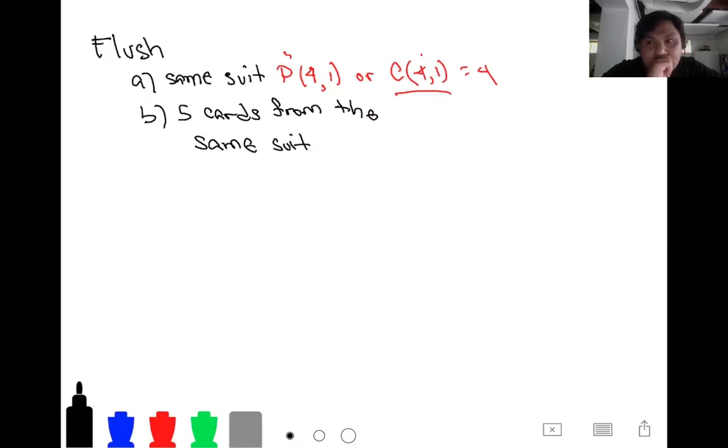So I need to choose 5 cards out of those 13 cards in that particular suit. If I choose hearts, that means I have to choose 5 heart cards out of the 13 heart cards.